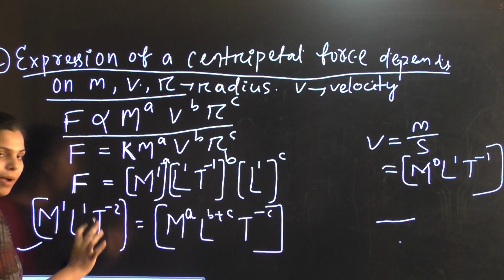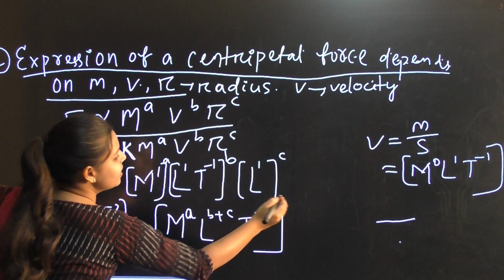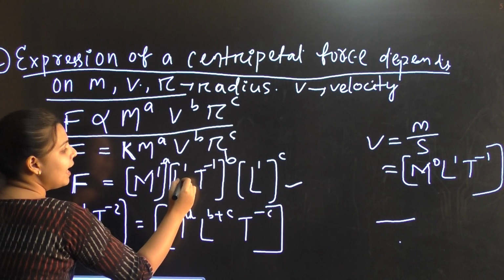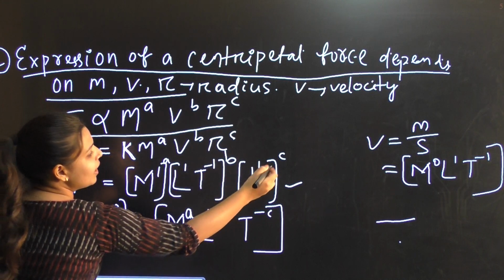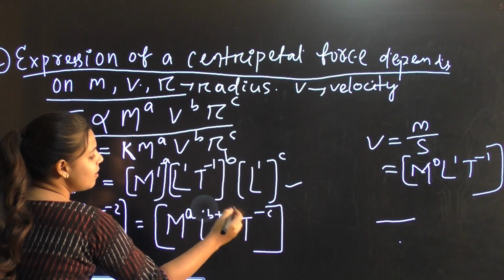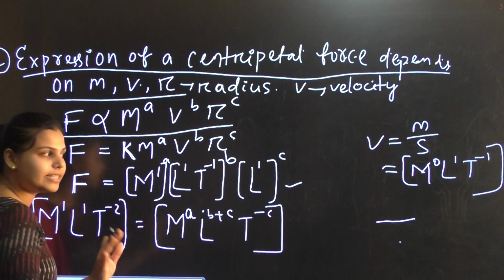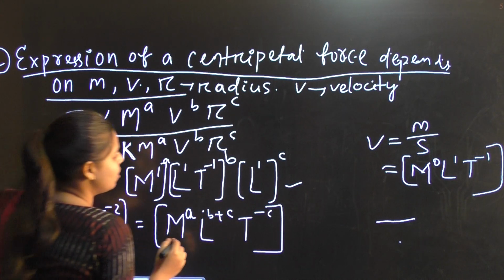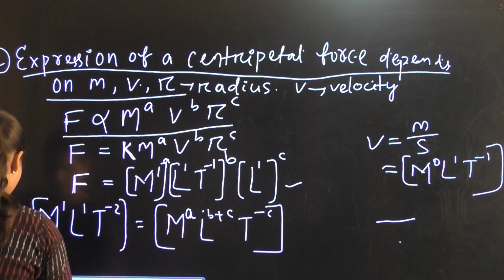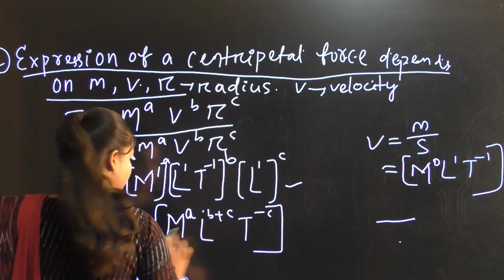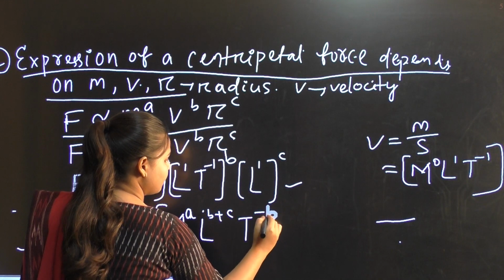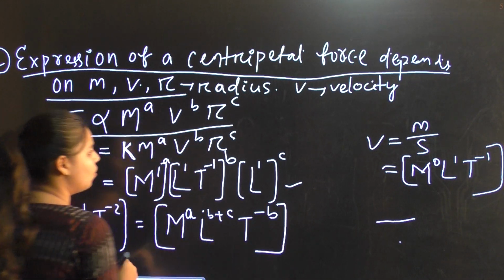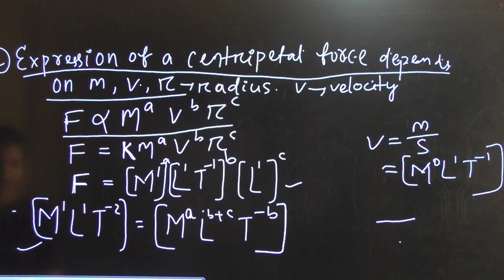Now solve this: it is M to the power a, L to the power b and L to the power c, and multiplying, it will be L to the power b plus c. Then T to the power minus b. Sorry, it is minus b.